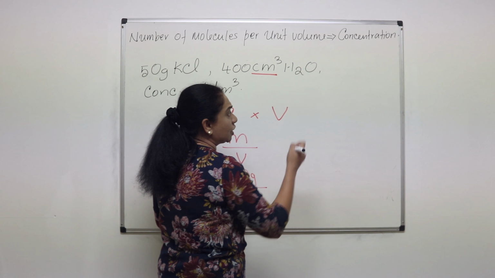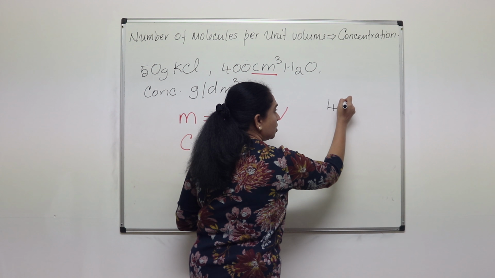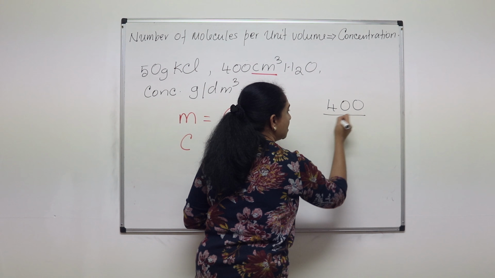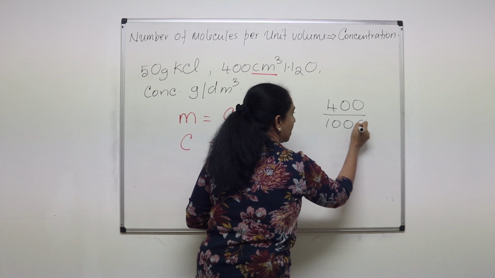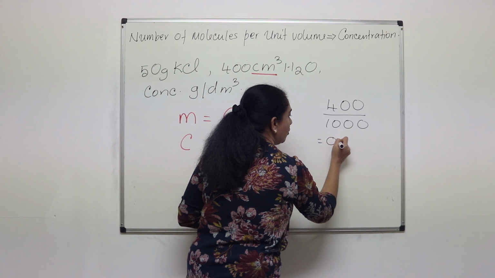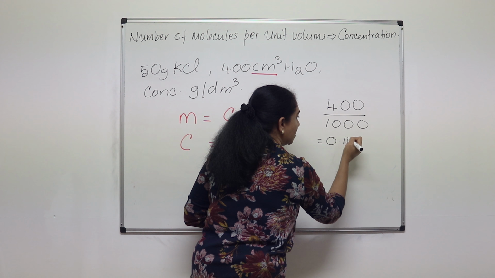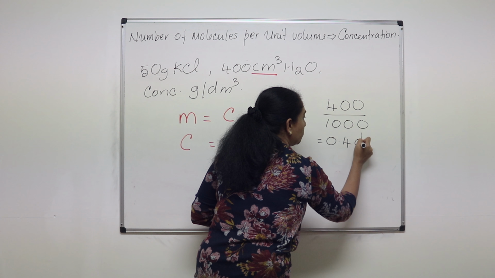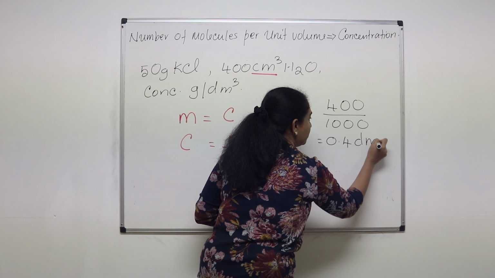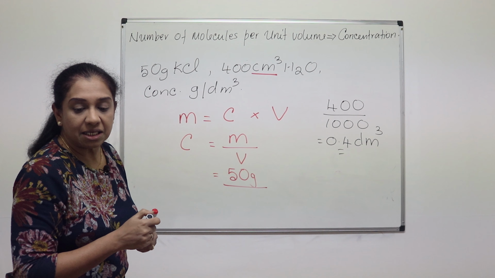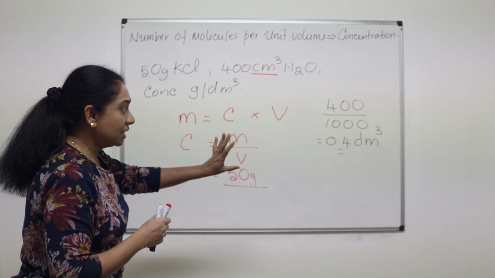So the 400 cubic centimeters, I'm going to divide the 400 by 1000, which is going to give me 0.4 cubic decimeter or decimeter cube.